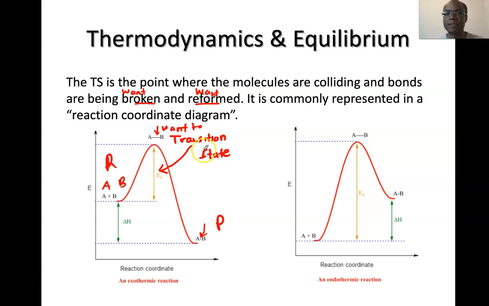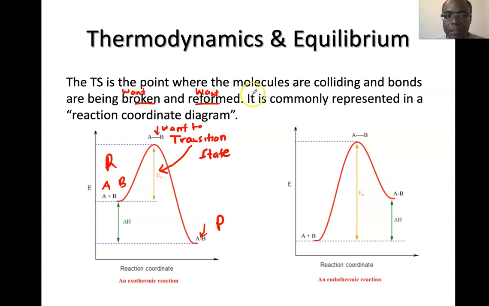So you're in transit. It's just like you're going somewhere. You're going from point A to point B, from your reactants to your products, and halfway through your journey, you are in the transition state. You are not yet at your destination. You are halfway from where you left, and halfway to where you're going.